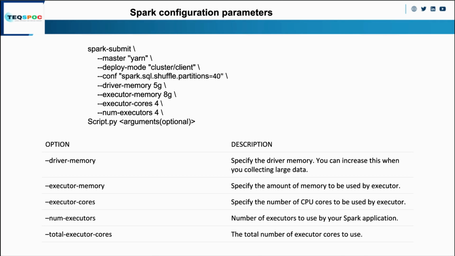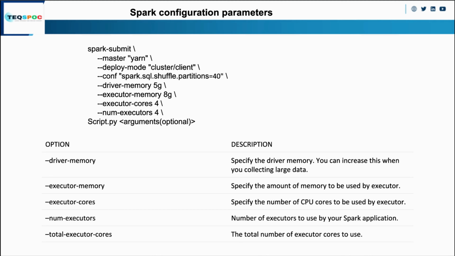If it is being run in client mode, in that case it will start the driver in the edge node where the client is sitting, the client being whoever is submitting the job. Or it could be in cluster mode, where in a multi-node cluster setup, in one of the nodes the driver will start off, and then the executors will start spawning in different other nodes.